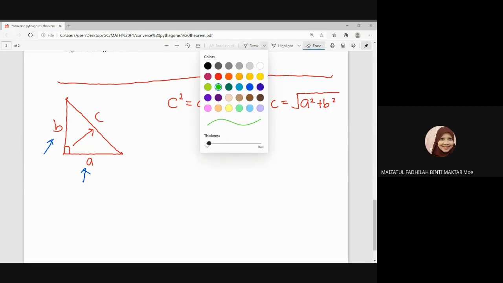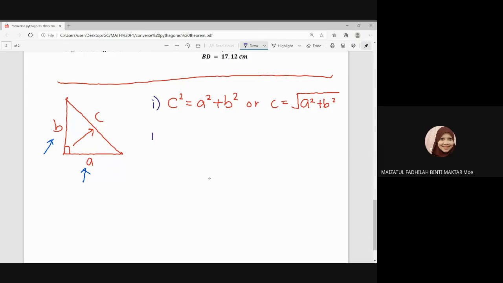If you want to find the length of A or B, the formula will become like this. So this is number two: A square equals C square minus B square, or A equals square root of C square minus B square.